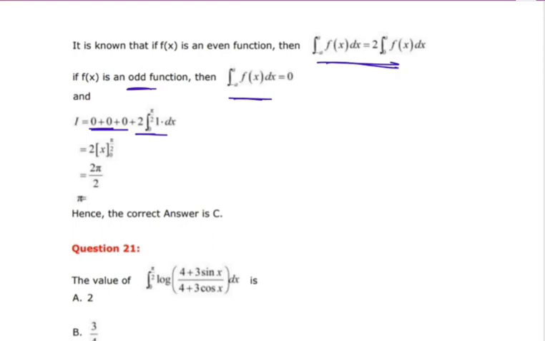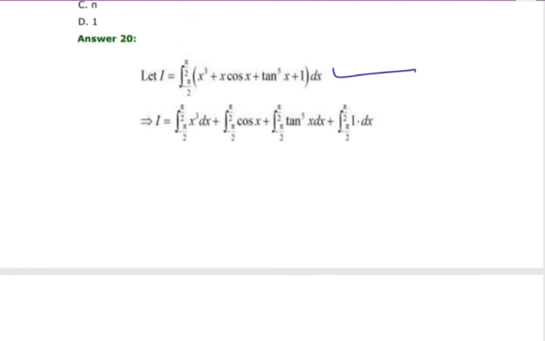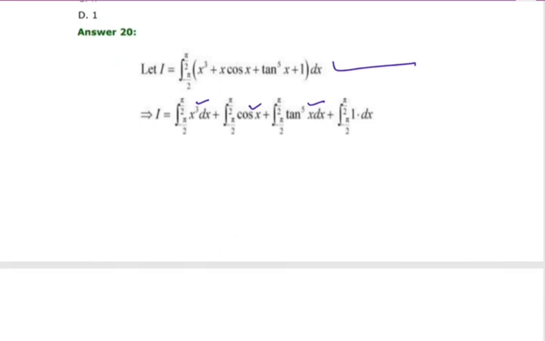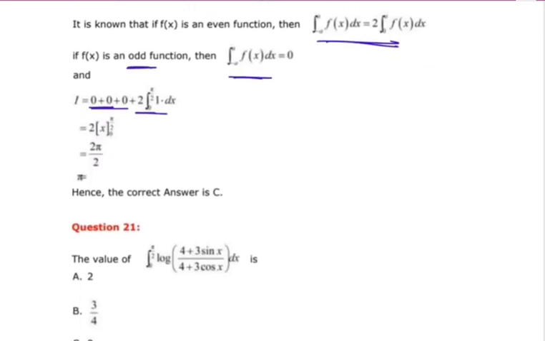So neglect the first 3 terms. First 3 terms are x cube, x cos x, tan to the power of 5 x. All are odd. x cubed is odd, x cos x is odd, tan to the power of 5 is also odd, right? So we neglect those terms, that is odd functions, 0 0 0, because if f of x is an odd function, we get directly the value 0.